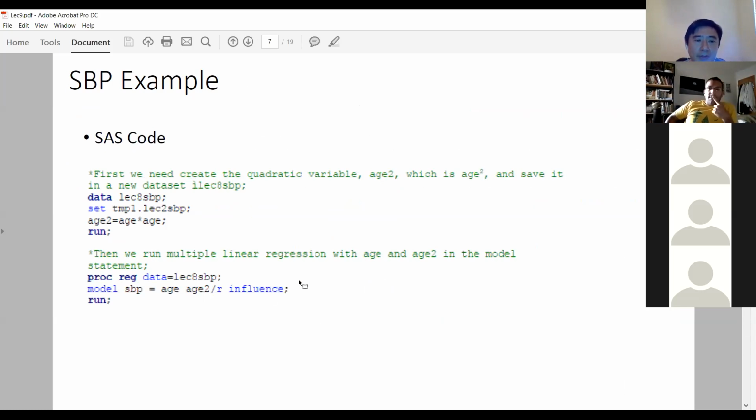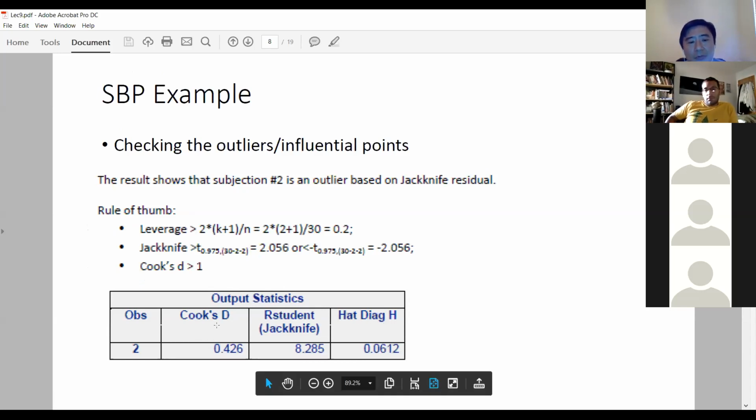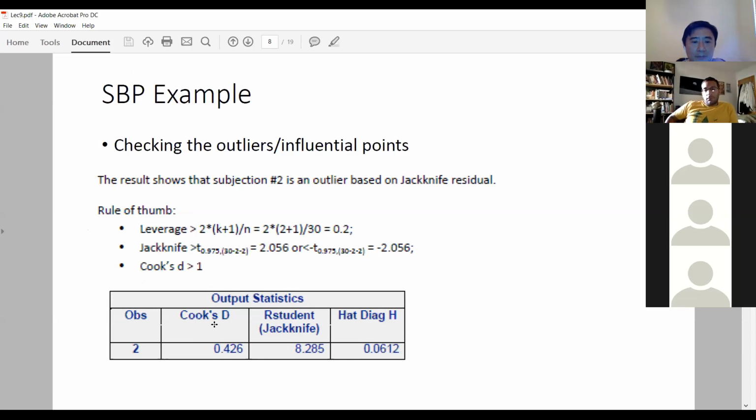You should remove them in the model fitting because they may have an impact. This is why I call them influential points. Influential points may impact your final result. Based on whatever benchmark, you can choose one, but you have to choose it beforehand.